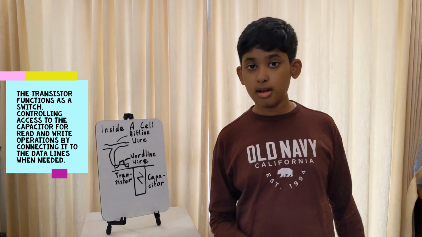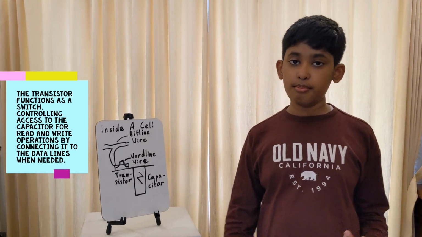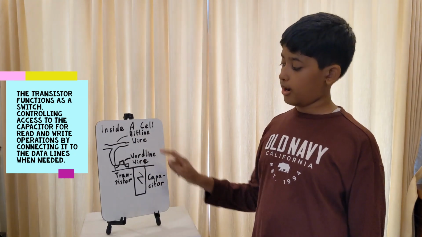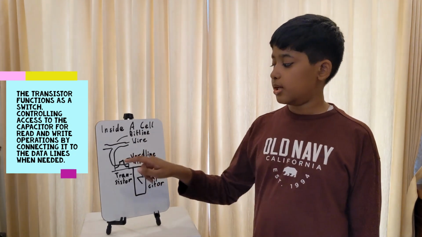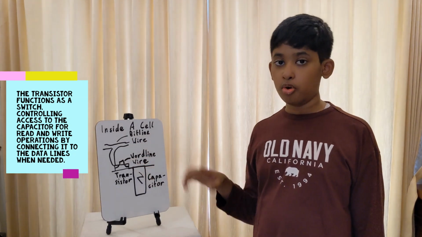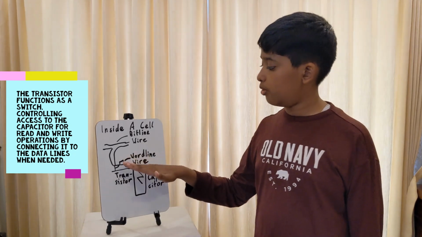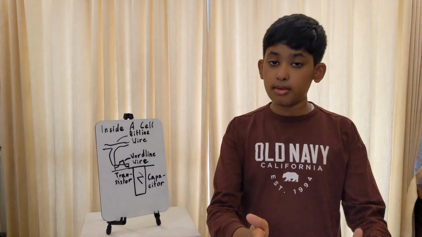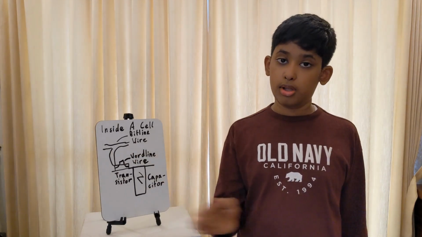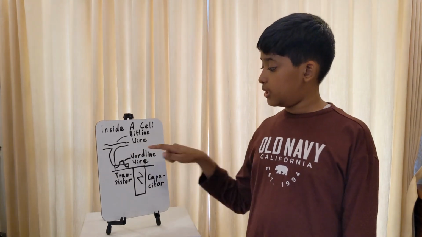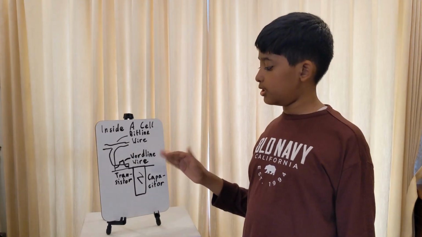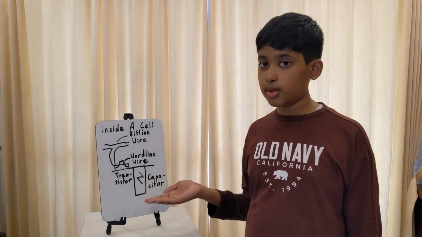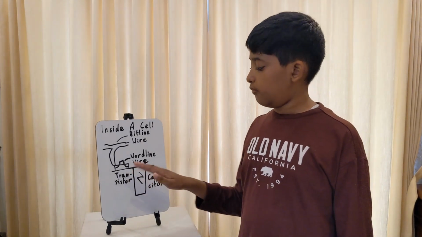The transistor, from my previous videos, is simply a switch that allows you to connect or disconnect a wire in a circuit. The gate of the transistor, or the switch, is the wordline wire. In a grid, we later show these wordline wires as being horizontal in rows. This wordline wire essentially decides whether this capacitor is active and we're doing something with it, or we're not.